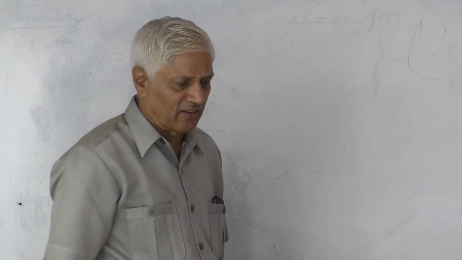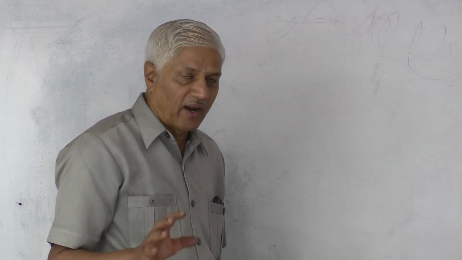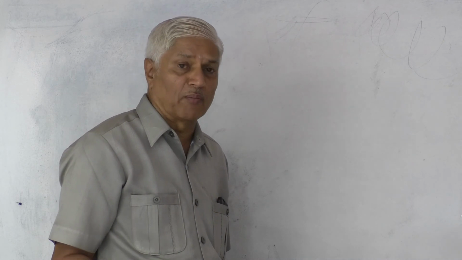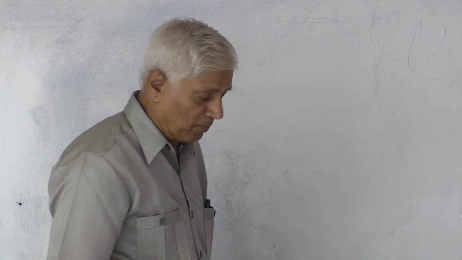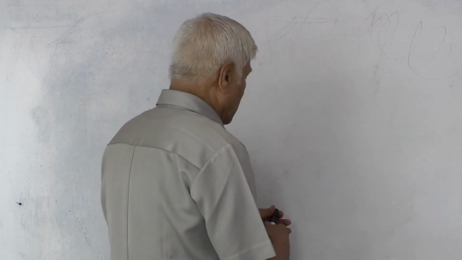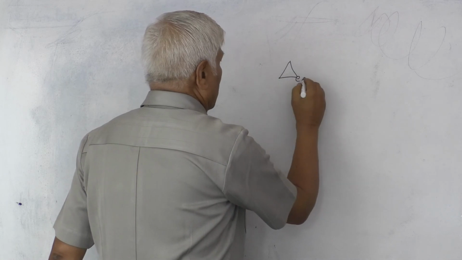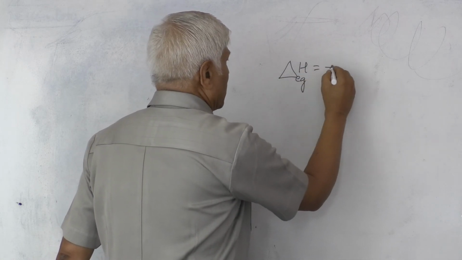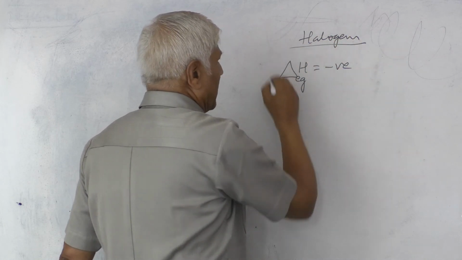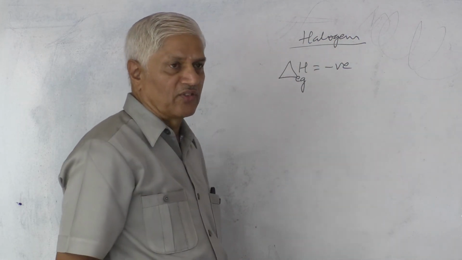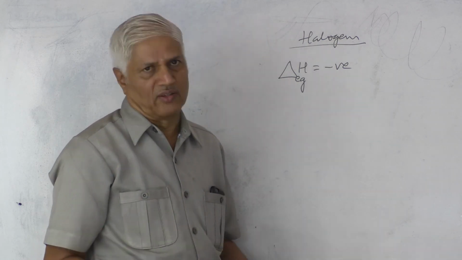You know that in the periodic table, halogens are the elements having maximum negative electron gain enthalpy. Delta EGH is negative for halogens. Negative indicates that halogens have the highest tendency to attract electrons.